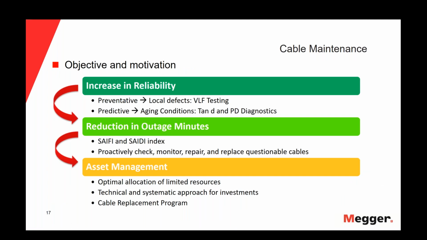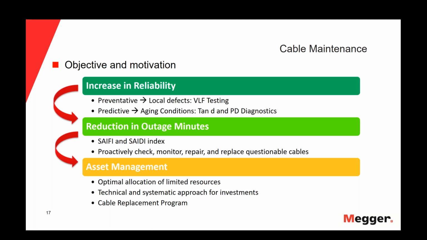So now that we know this, we can define the strategy for the maintenance of my cable. And of course, the goal is the increase in the reliability of the system. We can use preventive maintenance, such as the VLF test, or predictive maintenance, such as the Tan Delta and the partial discharge, depending on what I'm looking for. And of course, the goal is the reduction in the outage minutes.